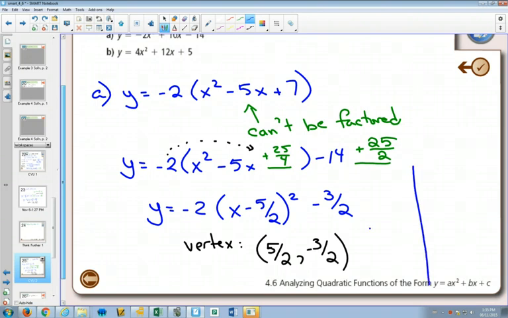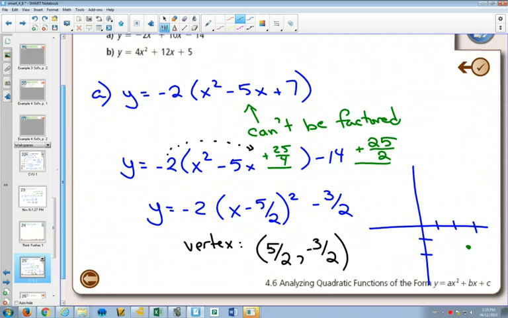Now when I actually go to graph this, this is where decimals might be nice, just to imagine where it is. 5 over 2 is 2.5. -3 over 2 is -1.5. So as far as where that point is on my graph, it'll be right there.